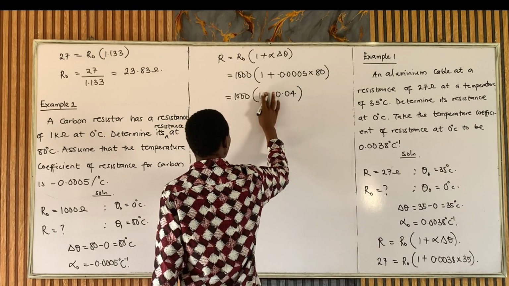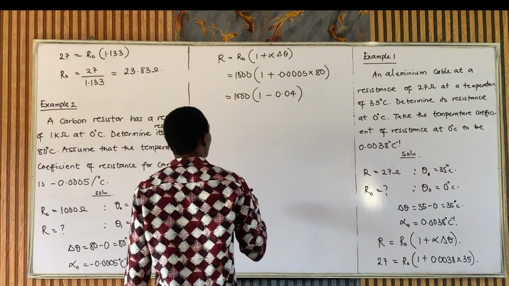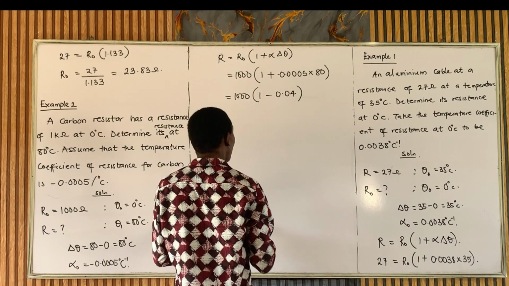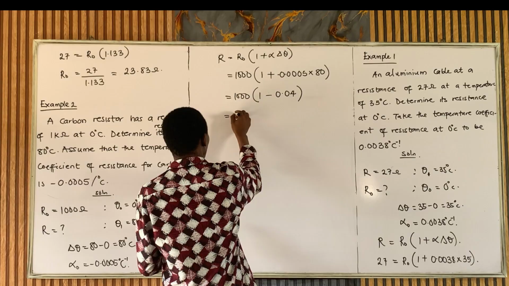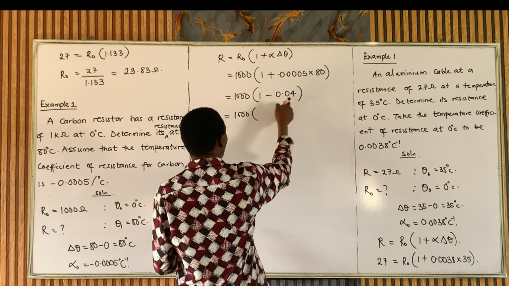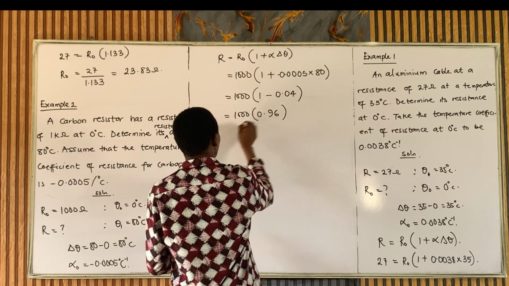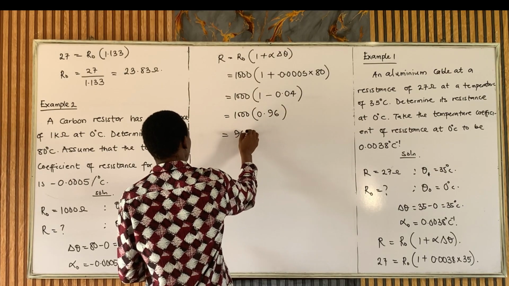Minus, please. This changes to minus. So let's evaluate now. This will give us 1000 times 1 minus 0.04, which is 0.96. So our answer will be 960 ohm.